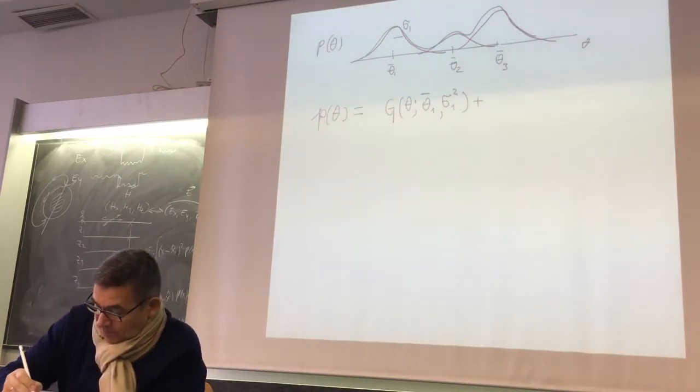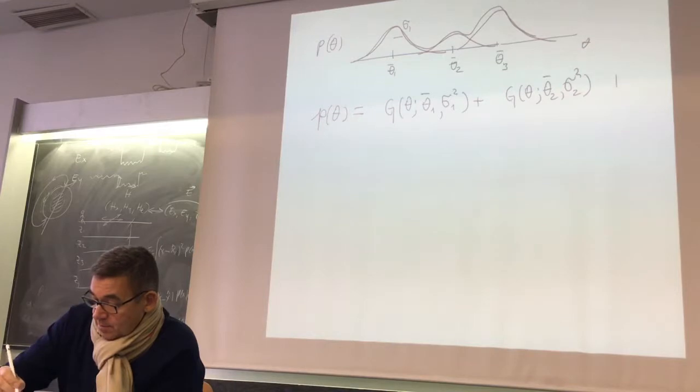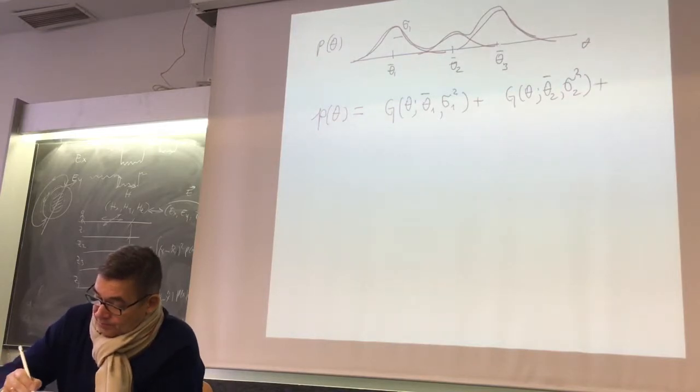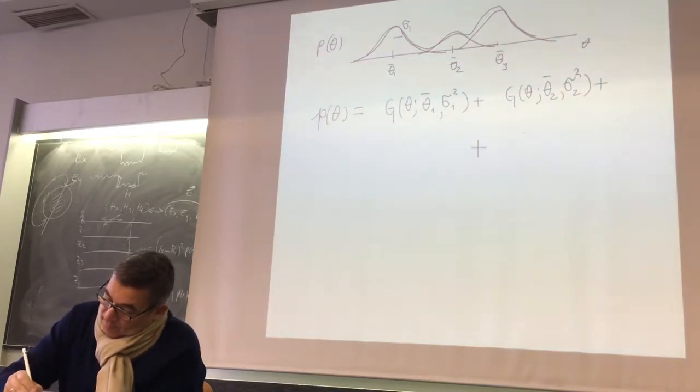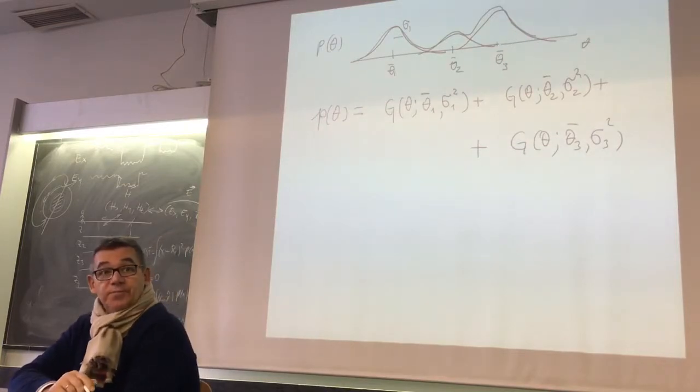Plus another Gaussian, okay, with the mean theta 2 and the standard deviation of theta 2, plus the third. So it's a sum of Gaussians.